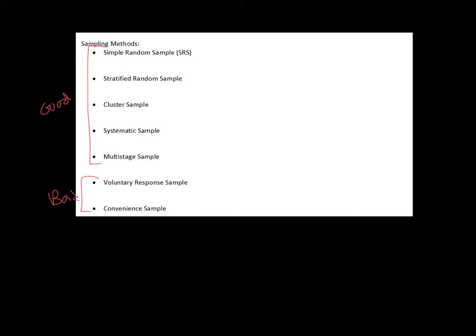So my first type of sample is what we call a simple random sample. This one's used so often that we just abbreviate it as SRS usually. So what we do with a simple random sample is, let's say that we want a group of 100 students, as in the first example.